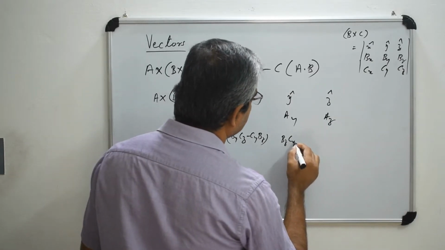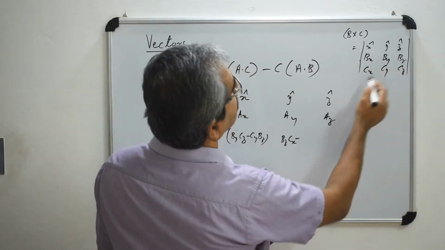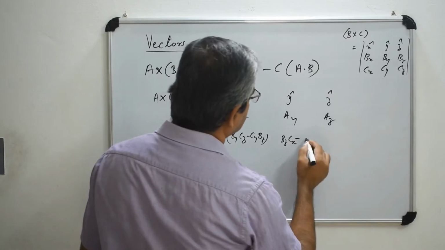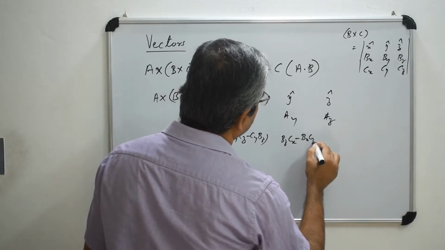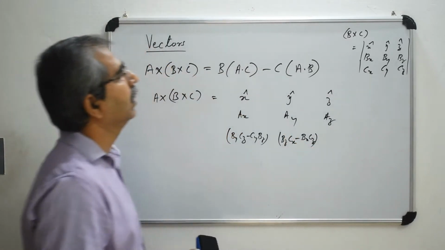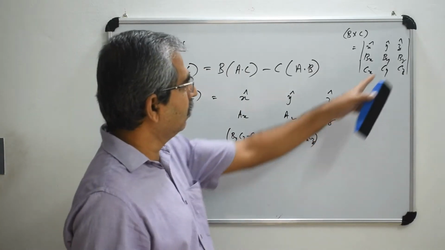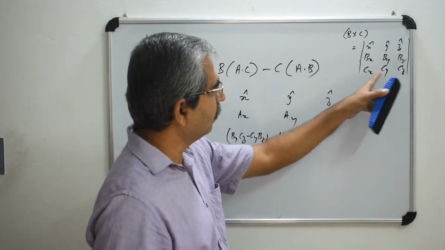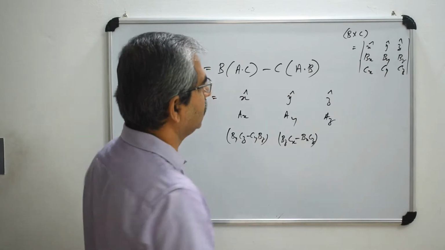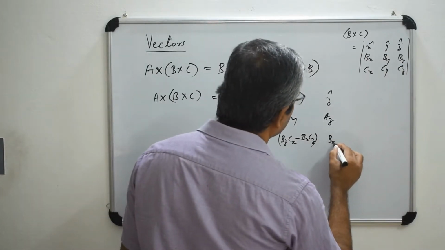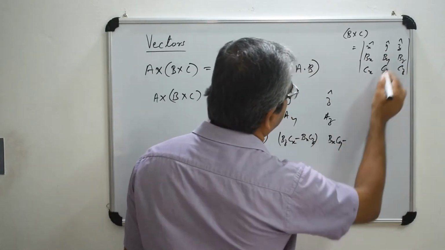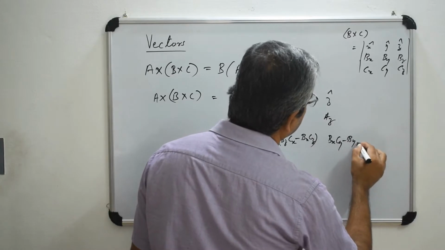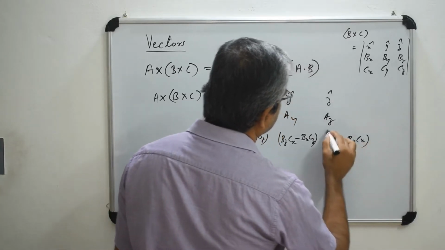Now the Z component is Bx Cy minus By Cx.